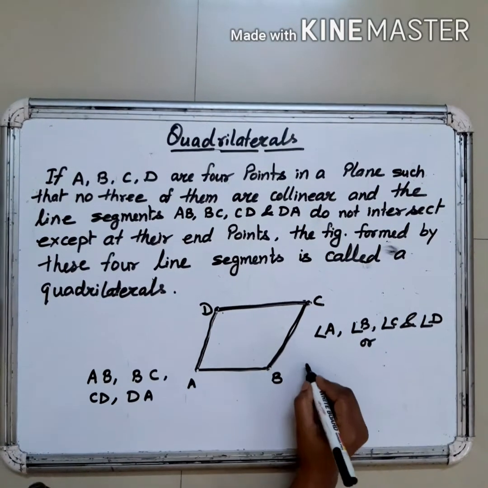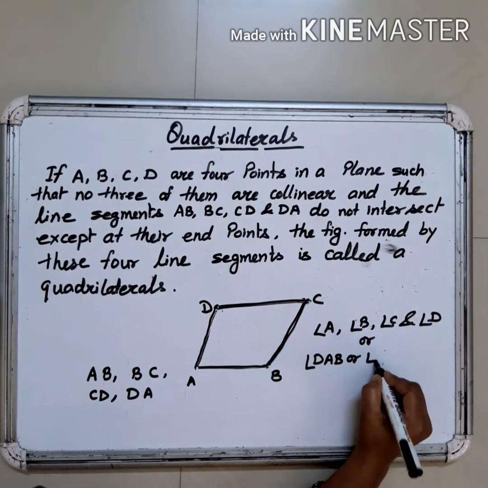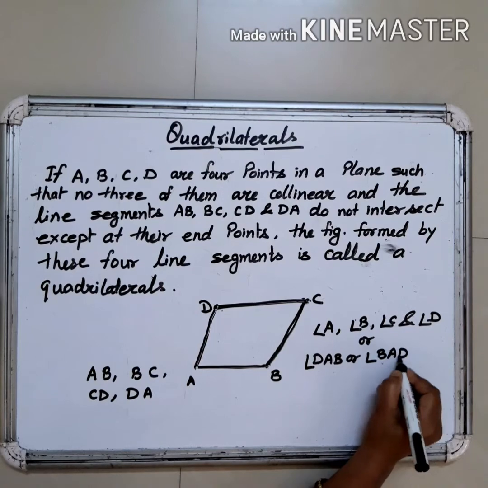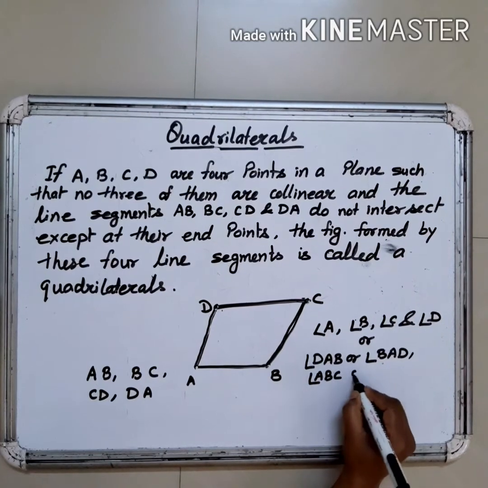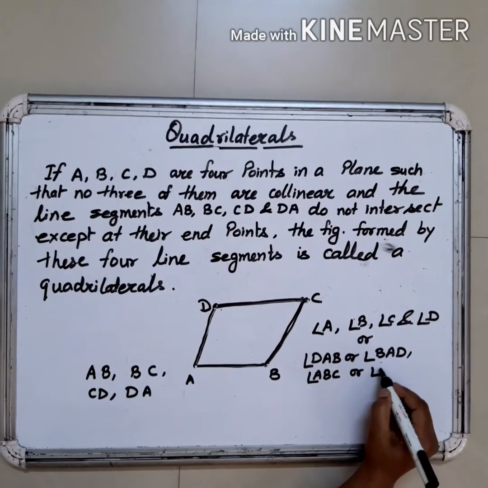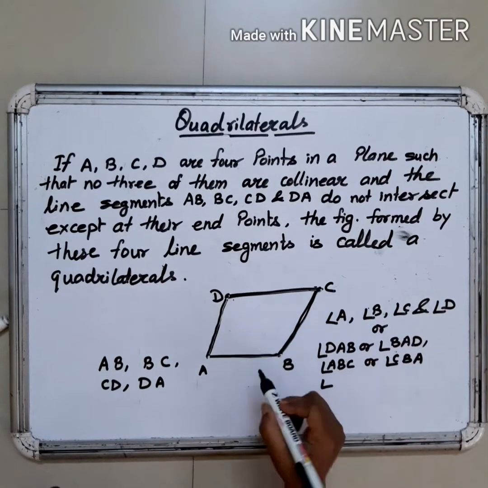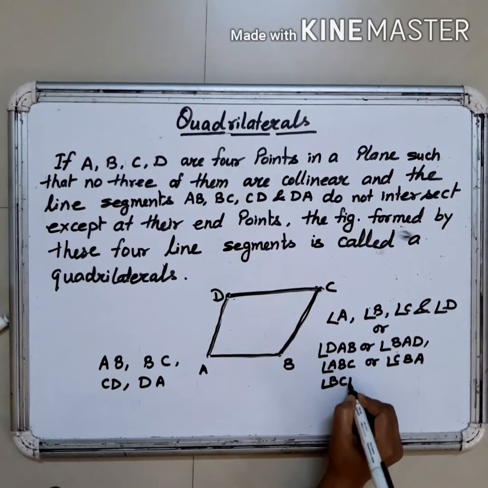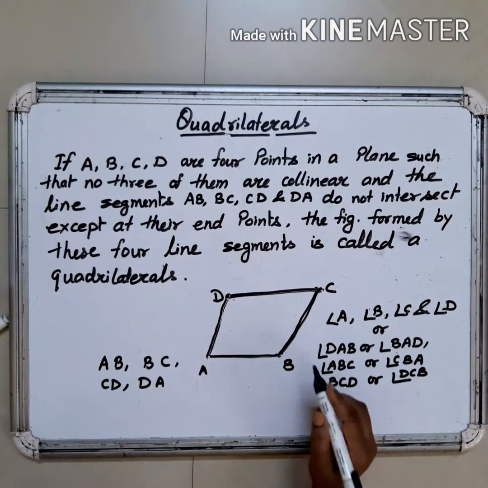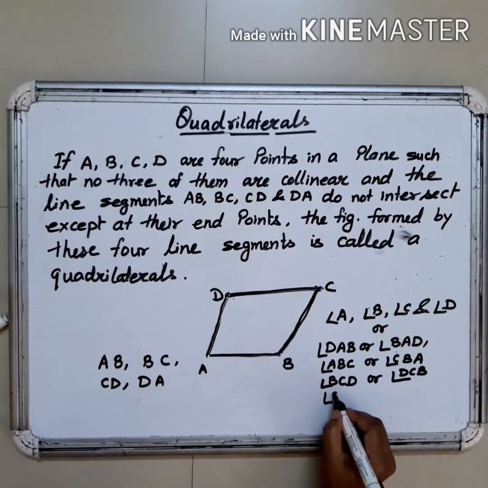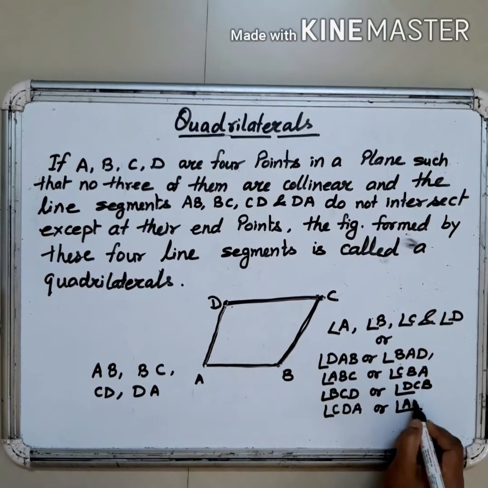Angle A means angle DAB or angle BAD, the second angle is ABC or angle CBA, angle C is BCD or angle DCB, and angle D is CDA or angle ADC.